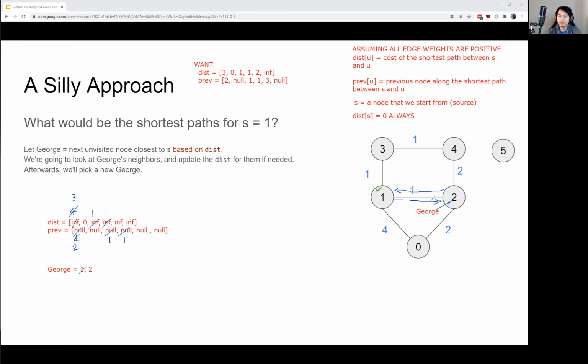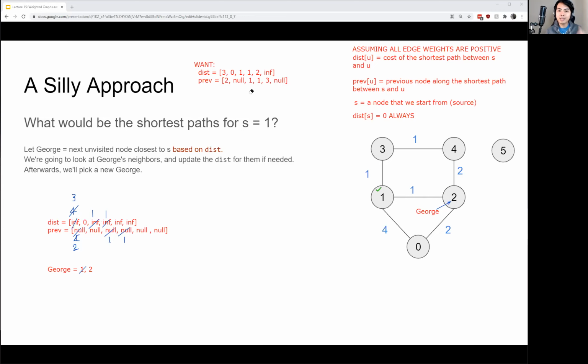Go ahead and think about that for a second and then type it into chat in the next 5 seconds. It's 2, right? Since the cost to get back to 1 from 2 is 2, we don't actually want to update index 1 here because the cost is already cheaper to just keep it the way it is, right? So we don't update the cost here, even though we do look at the neighbor 1 here.